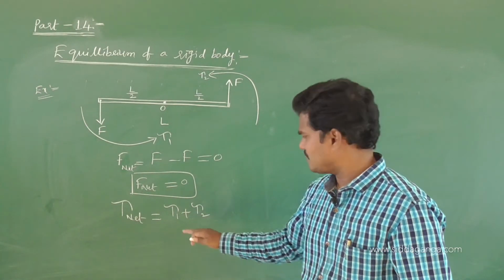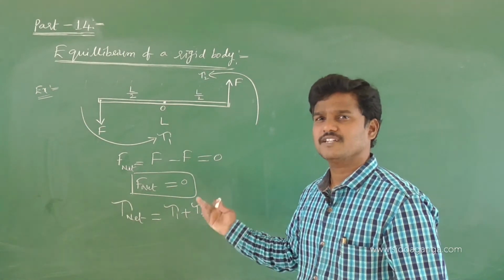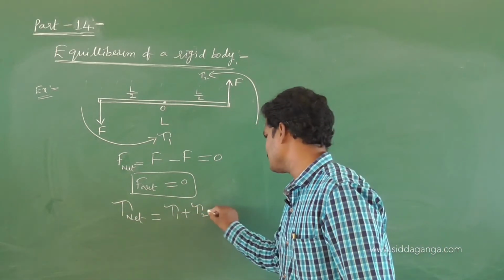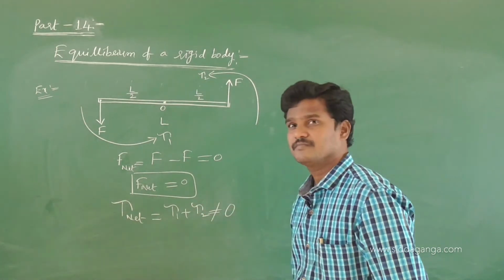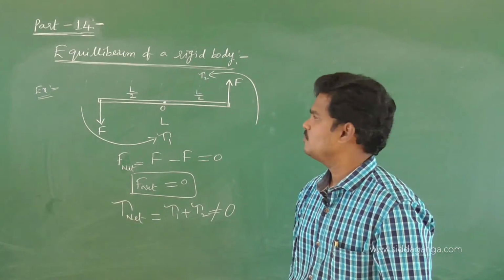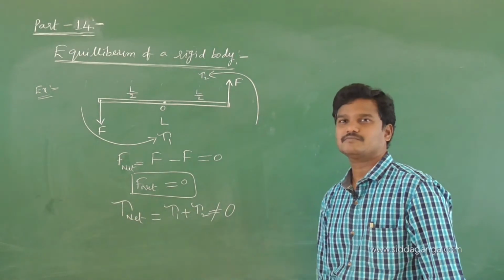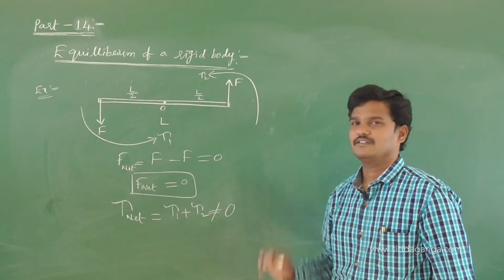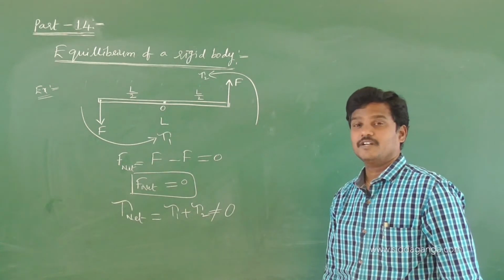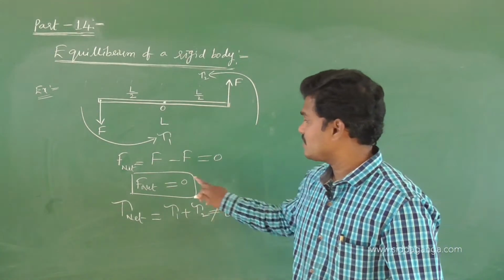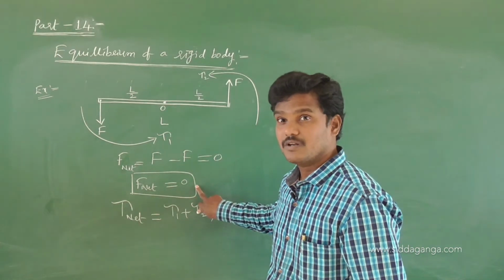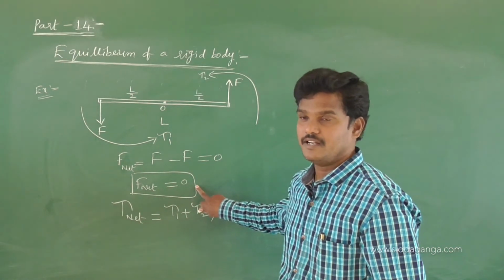Impossible. If one were minus, then maybe the result could be 0. Here this sum cannot be 0. So what is this example actually? This is the example for a rod which is in translational equilibrium but not in rotational equilibrium.